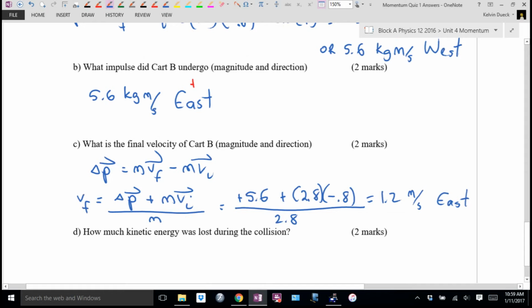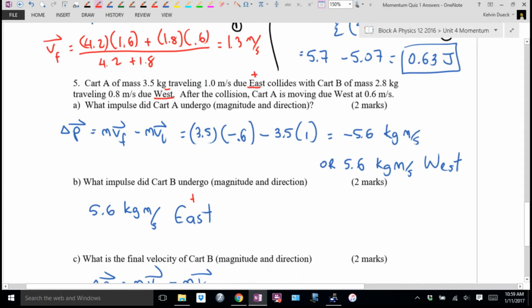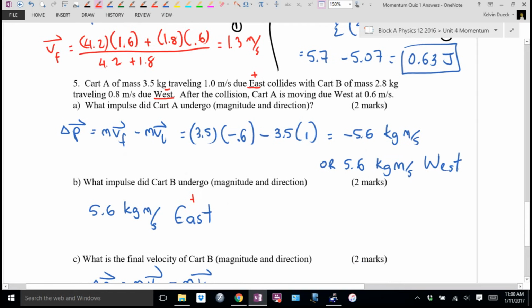Okay. How much kinetic energy was lost? Well, kinetic energy loss is going to be initial minus final. Now, initial is going to be a half m of car 1, 3.5 v squared, plus a half m of car 2, its initial velocity squared.